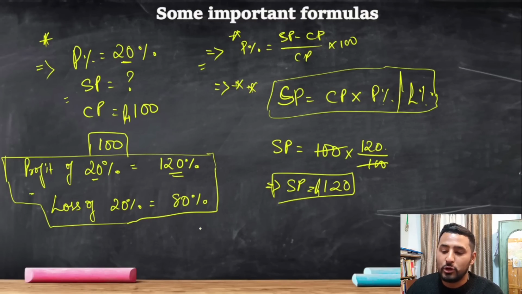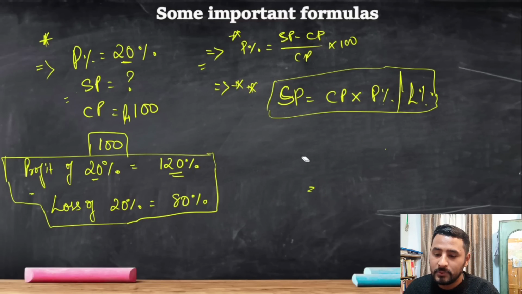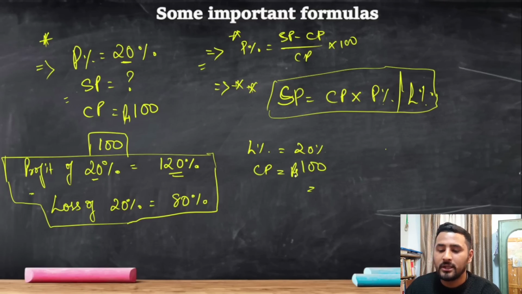Now let's see one more for loss. Say loss percent is given as 20%, and our CP is given as 100 rupees, and you need to find SP. So how do you do it? Use the same formula.